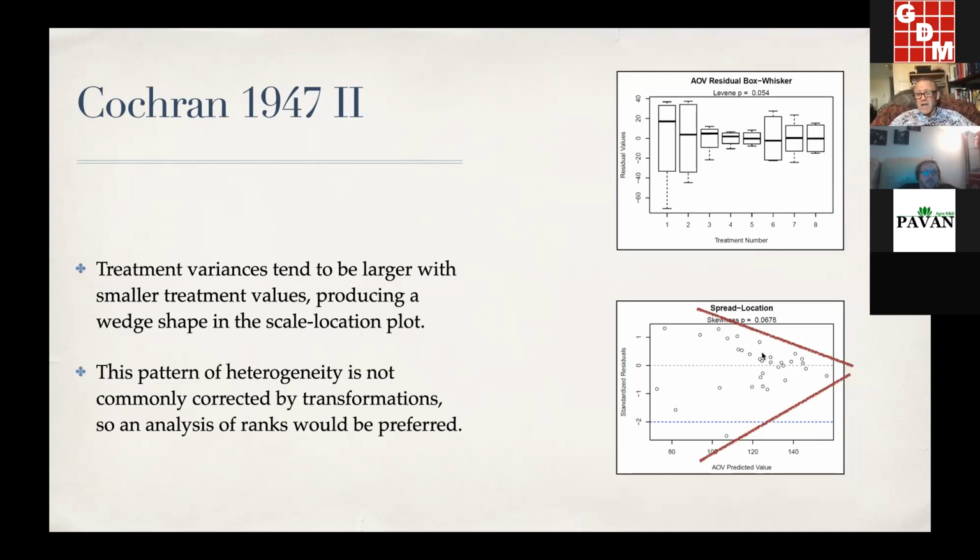And we see that issue in the skew location plot, where we see a wedge pointing to the right. Wedges pointing to the left are easily corrected with transformations. Wedges pointing to the right are not. And so if we have problematic data and we don't trust our assumptions of the analysis of variance, we would want to prefer an analysis of ranks.